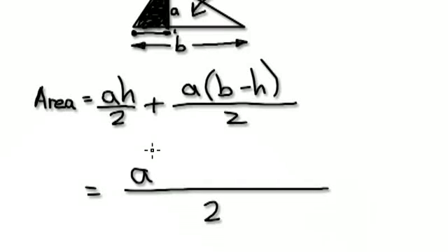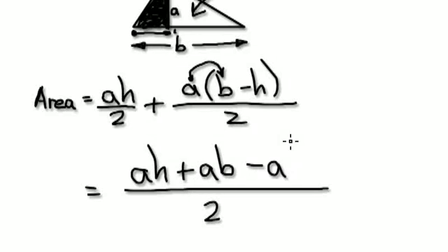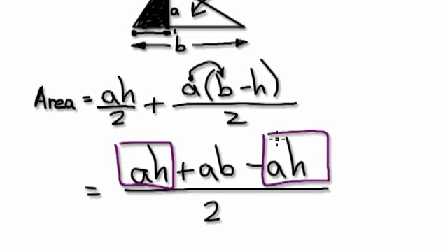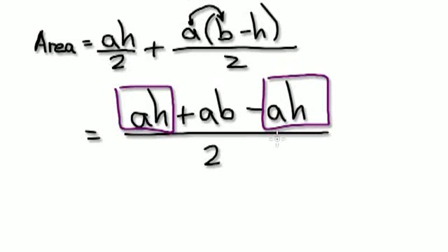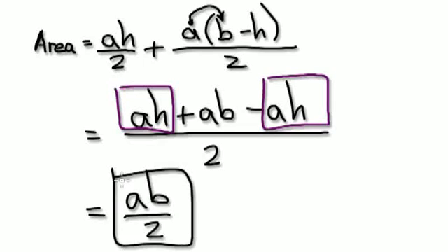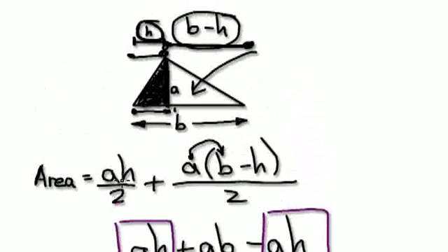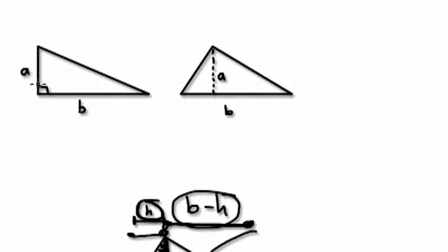So it will become AH plus AB minus AH, all over 2. Can you see that the AH cancels itself out, leaving you AB over 2, which was also the area of the other triangle?